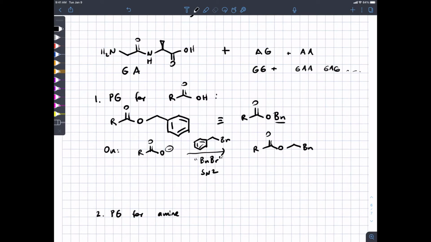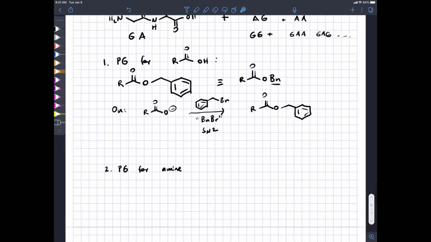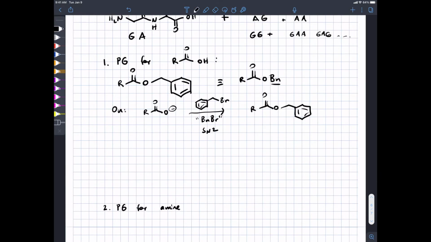And once it's on, once the carboxylic acid is protected as the ester, DCC won't modify that particular carboxylic acid. So that's a way you put a shield on a particular carboxylic acid so it's not reactive in a peptide synthesis reaction. And putting on the benzyl bromide is a high yielding reaction.